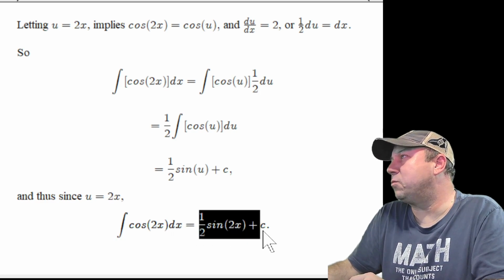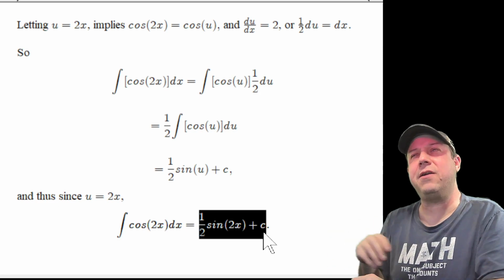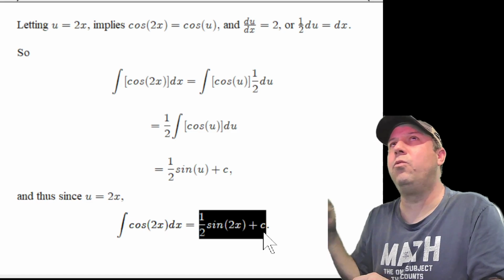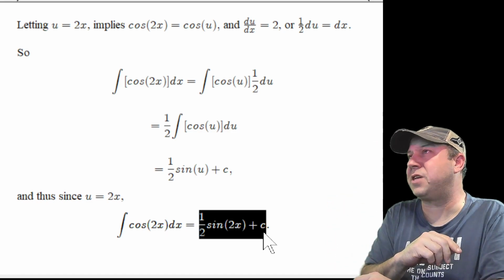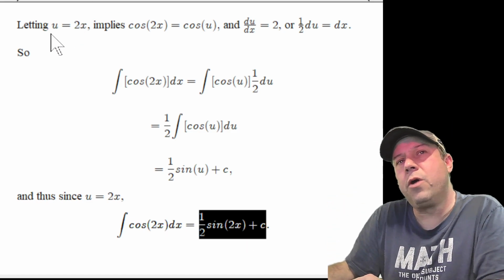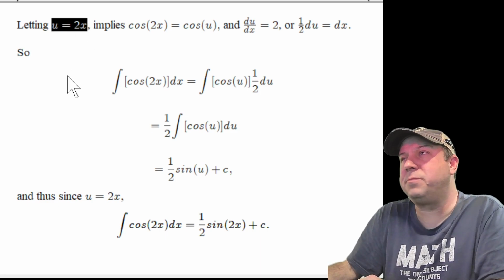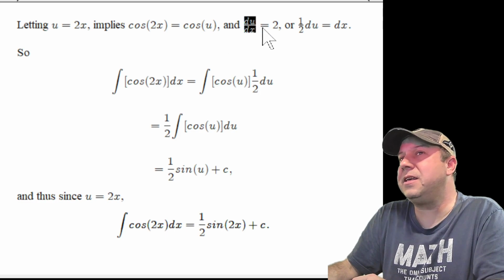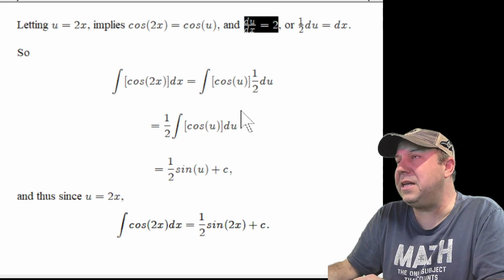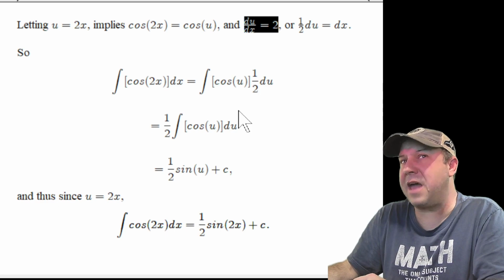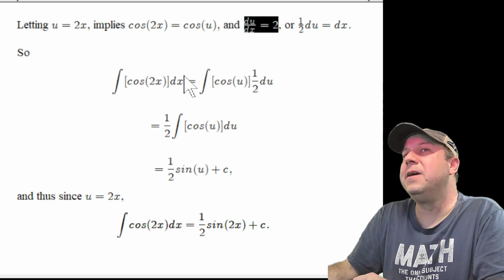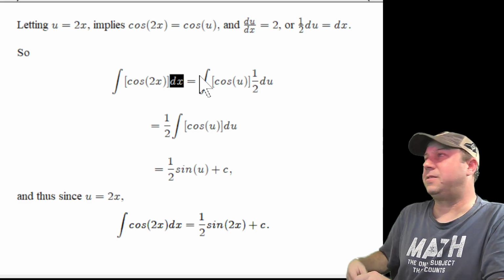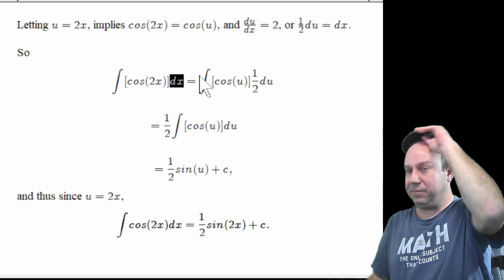And we can find this result of 1/2 sine of 2x without having to think too hard in terms of what function's derivative would produce the cosine of 2x, whereas I could just perform a little variable substitution by letting u equal 2x in this argument and manipulating the derivative of that value of u to substitute in for the value of dx. This is called variable substitution.